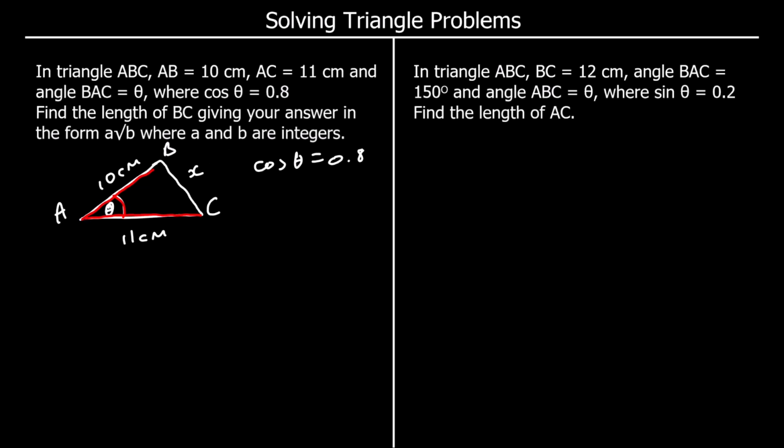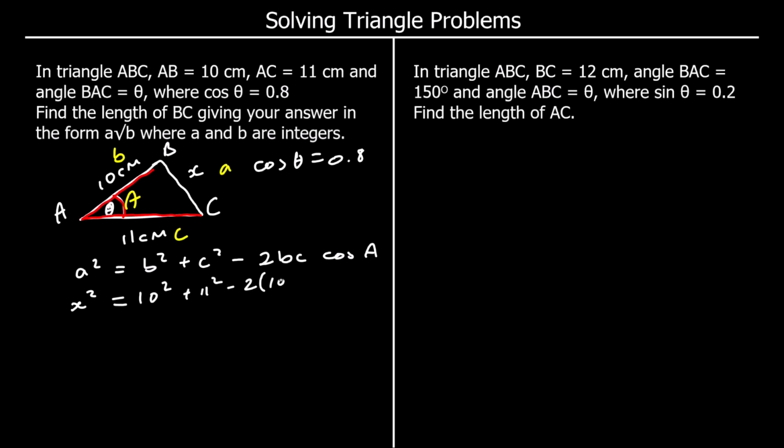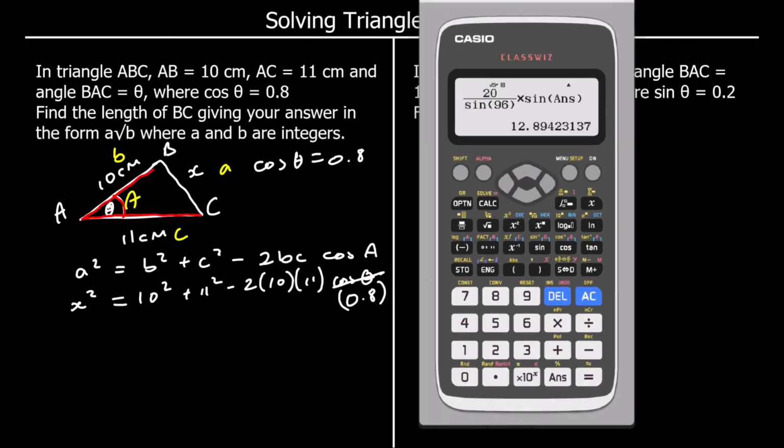So it's a cosine rule: a squared equals b squared plus c squared minus 2bc cos A. So we've got x squared equals, I should have labelled it, big A, little a, B and C. 10 squared plus 11 squared minus 2 times 10 times 11 cos theta, which I can of course change into 0.8. And then we'll just type that into the calculator and that will give us x squared.